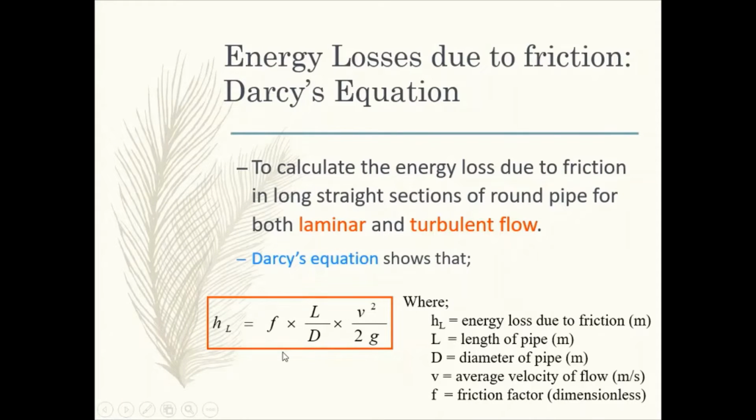This is the Darcy equation: HL, the energy loss, is equal to the friction factor times L, the total length of the pipe, divided by the diameter of pipe, times the velocity squared over 2g.